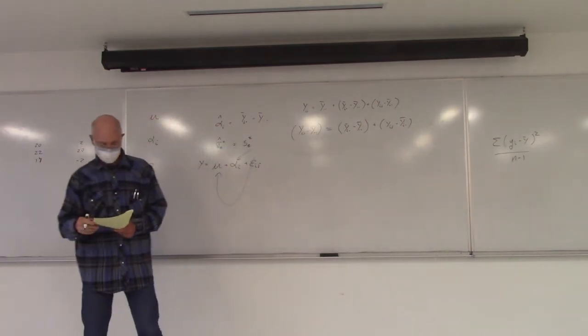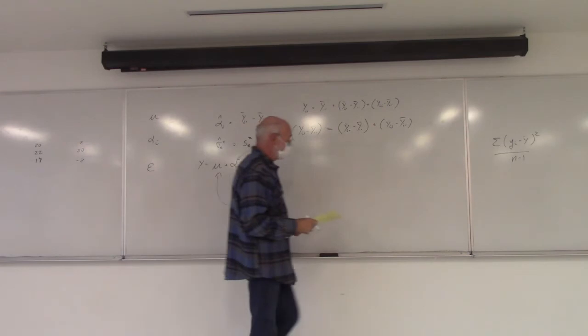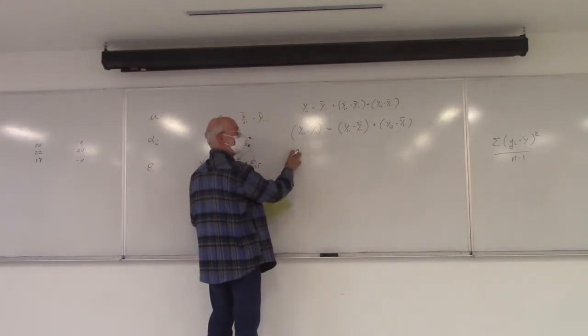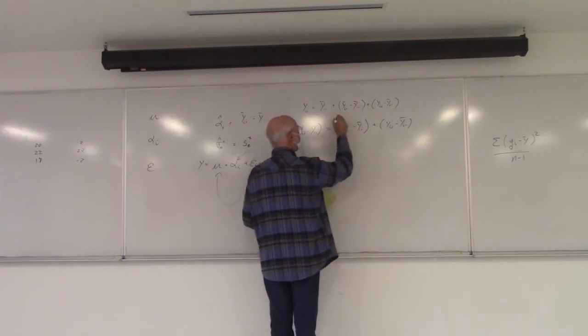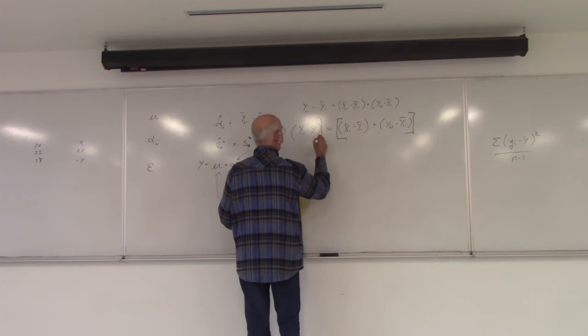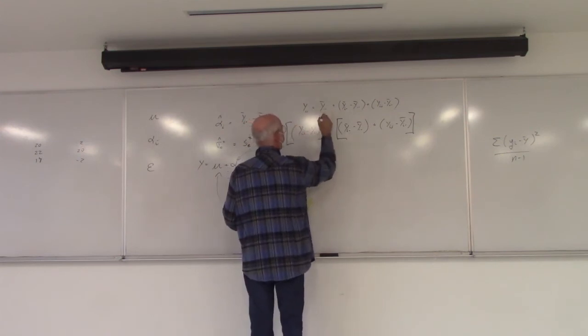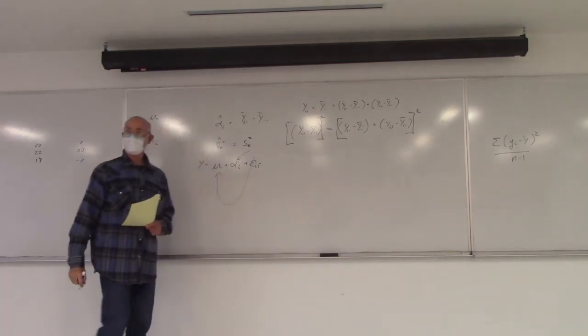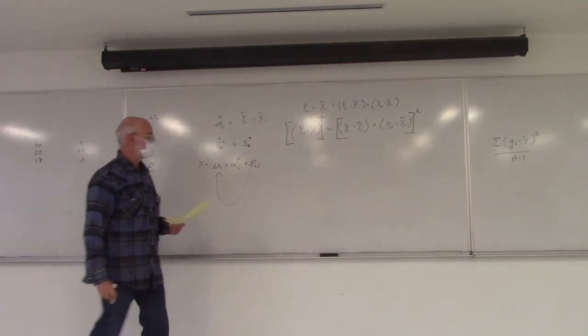Okay? Then, let's square both sides. And add everything up across all i's and j's.